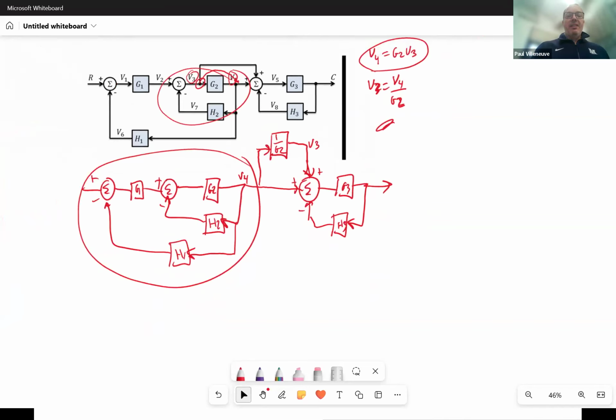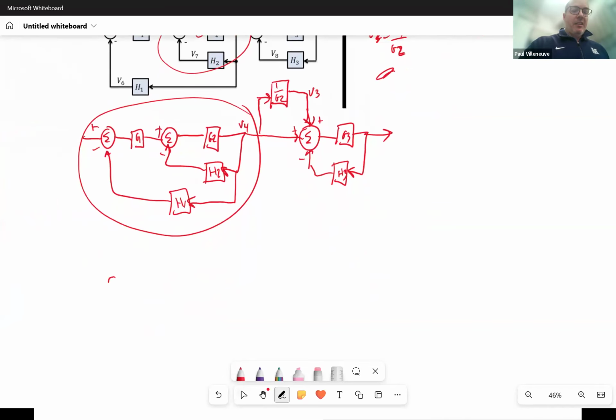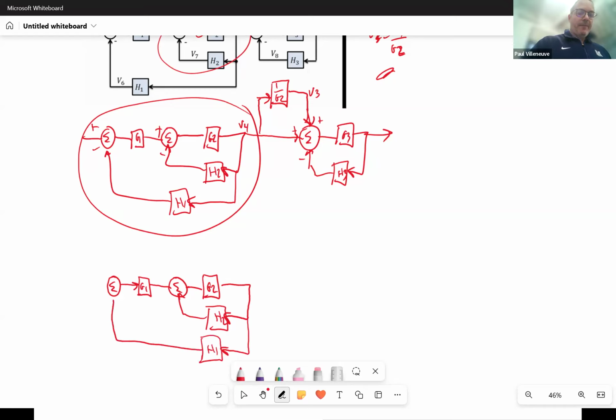So maybe what might be a little bit easier is to draw my summer, create G1. Here's my summer. Here is G2. Here is H2. Here is H1. Plus, minus, plus, minus.